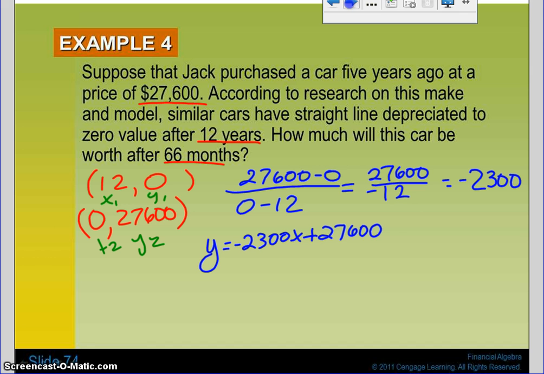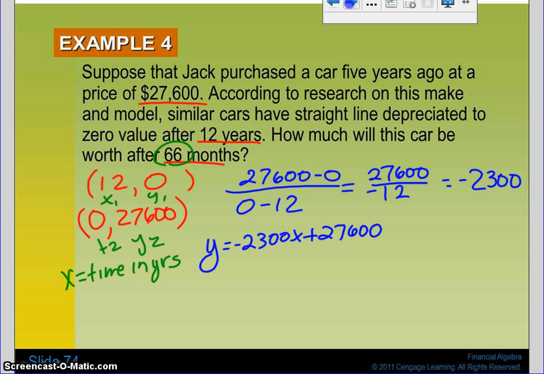So it's asking next, what is the car going to be worth at 66 months? Now we're going to have to convert this, because remember x is my time, but in years.